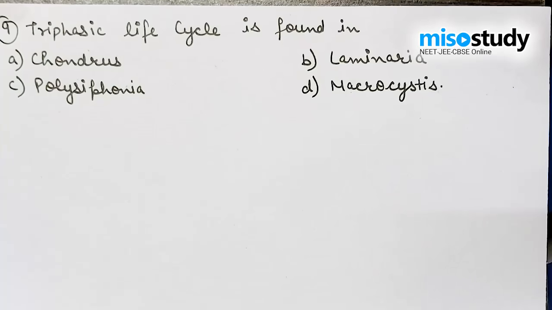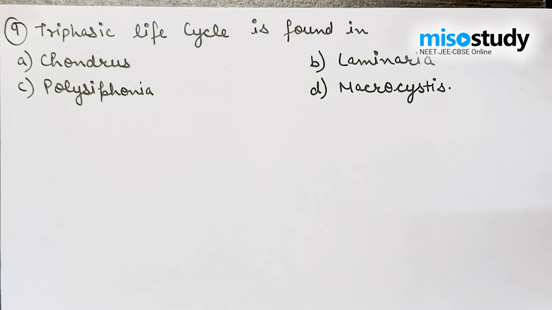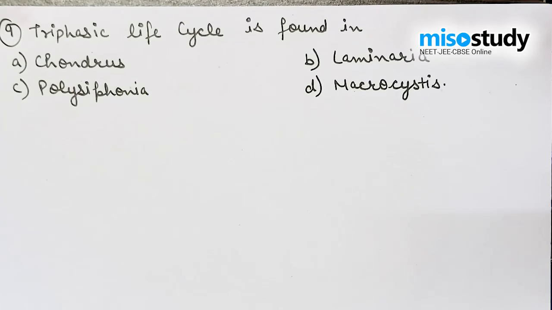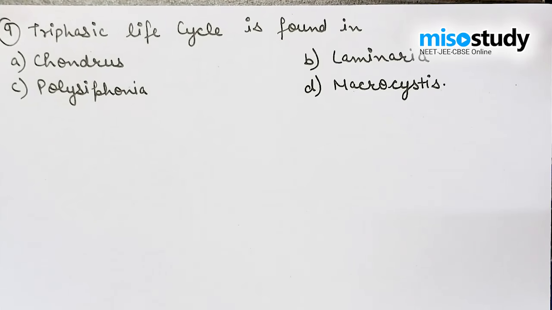The next question is, triphasic life cycle is found in. I repeat the question. Triphasic life cycle is found in: option A is Chondrus, B is Laminaria, C is Polysiphonia, and D is Macrocystis.